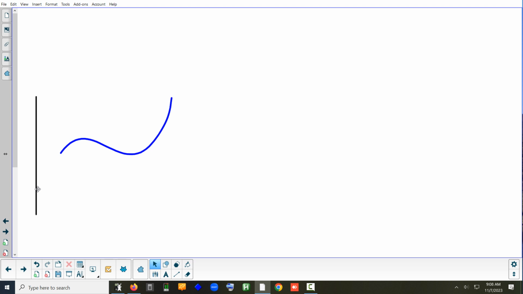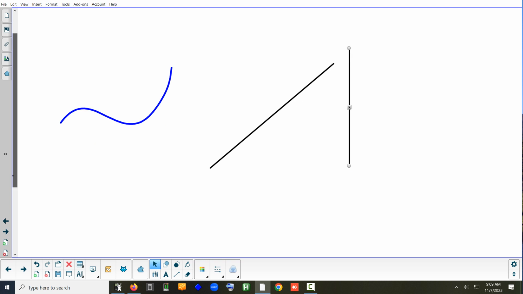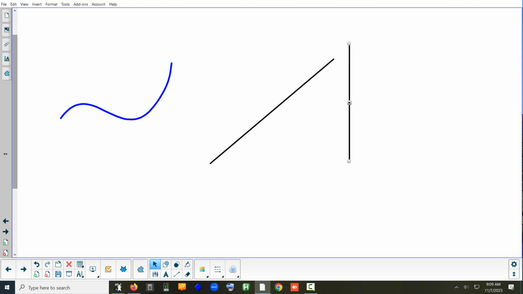How about if I did something like this? Let's put this one here. First of all, what do you think? Is that a function? Yeah, because no matter where I put my vertical line, it only hits one time. Is it a linear function? Yeah, so that one's a function, and it's a linear function because it's a straight line. How about this one?